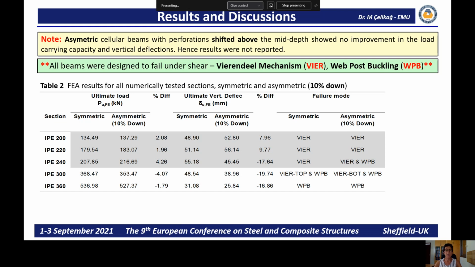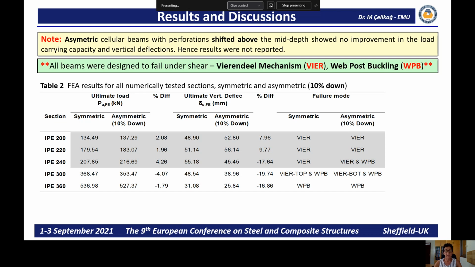Regarding ultimate load achieved, when symmetric and asymmetric sections are compared, a line can be drawn between the first three and the last two sections, where an asymmetric section achieved higher loads.